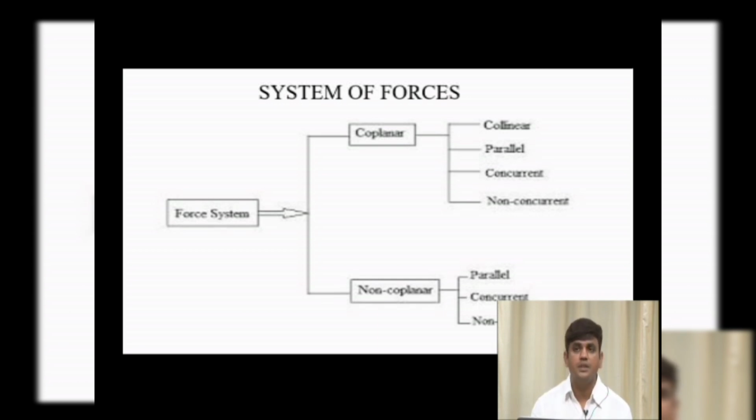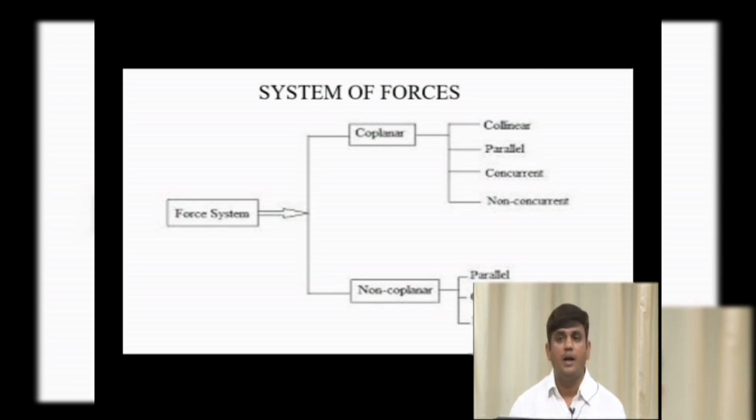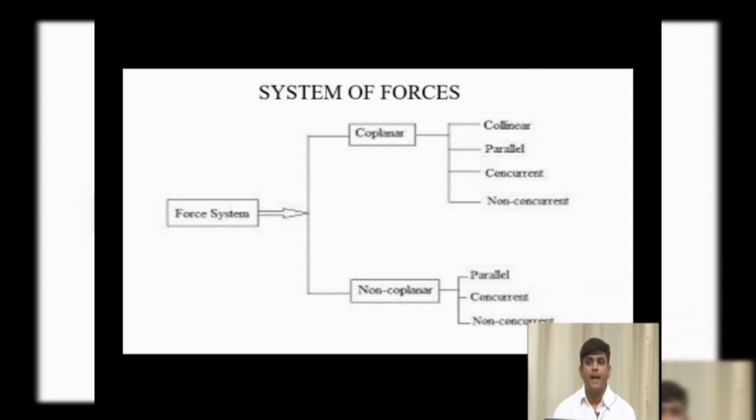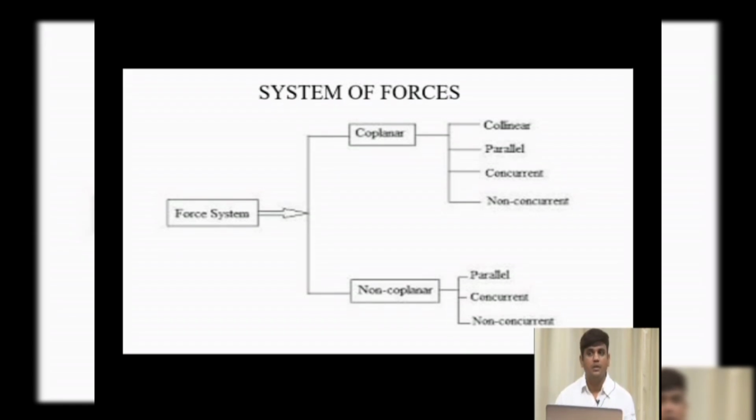Now coming to the system of forces. In a force system, there are majorly two types: coplanar and non-coplanar. The coplanar system is again subdivided into collinear, parallel, concurrent, and non-concurrent.